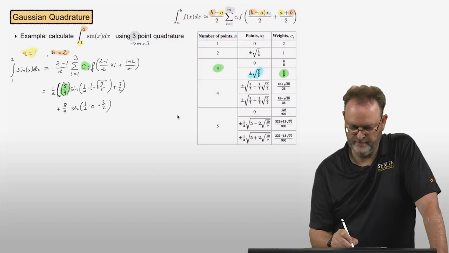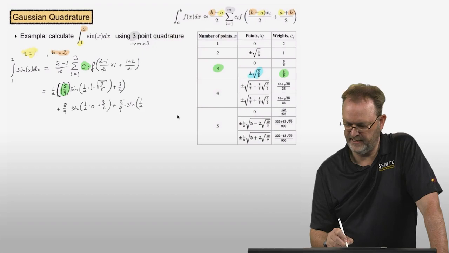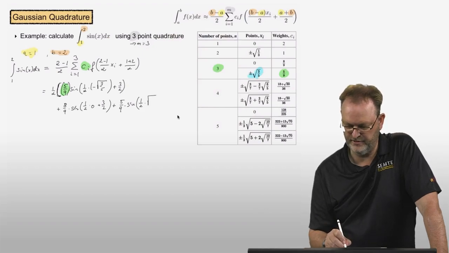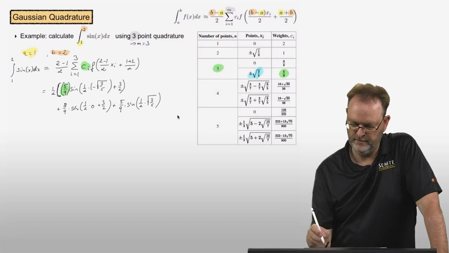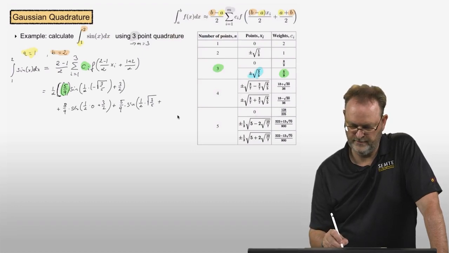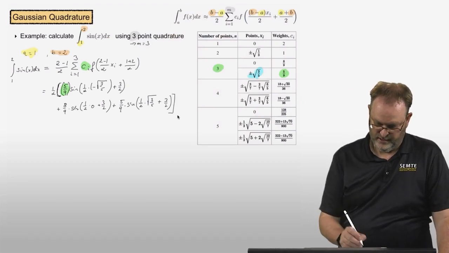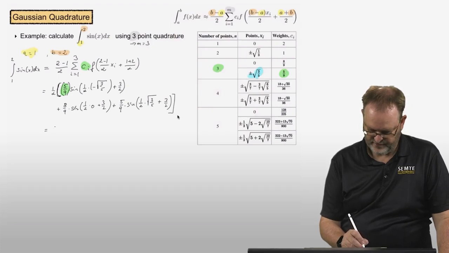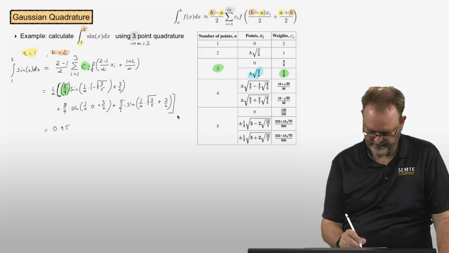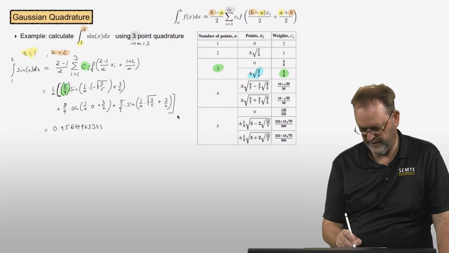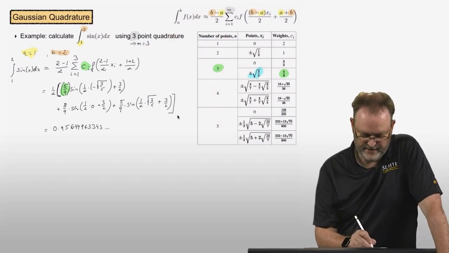And then we have plus the last weight is again 5/9 times the sine of 1/2 times the x location, that's plus the square root of 3/5, plus 3/2. Okay, and then square bracket closed. And if we type those values into the calculator, we get 0.95644963343.